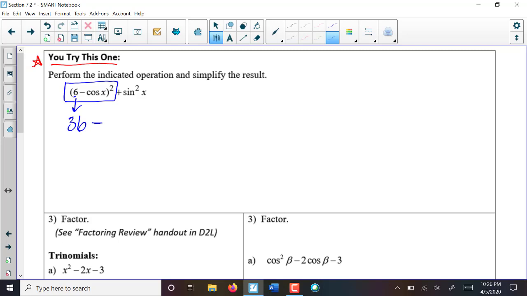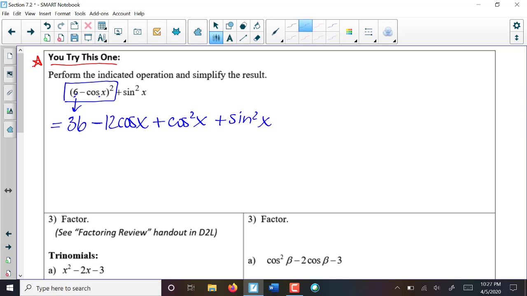And then to get the next term, I take 6 times cosine x and I double it. So if I have 6 cosine x times 2 is 12 cosine x. And the last term I square, the same thing you should have gotten if you took it times itself and distributed or FOILed. Okay, so then I have plus sine squared x.